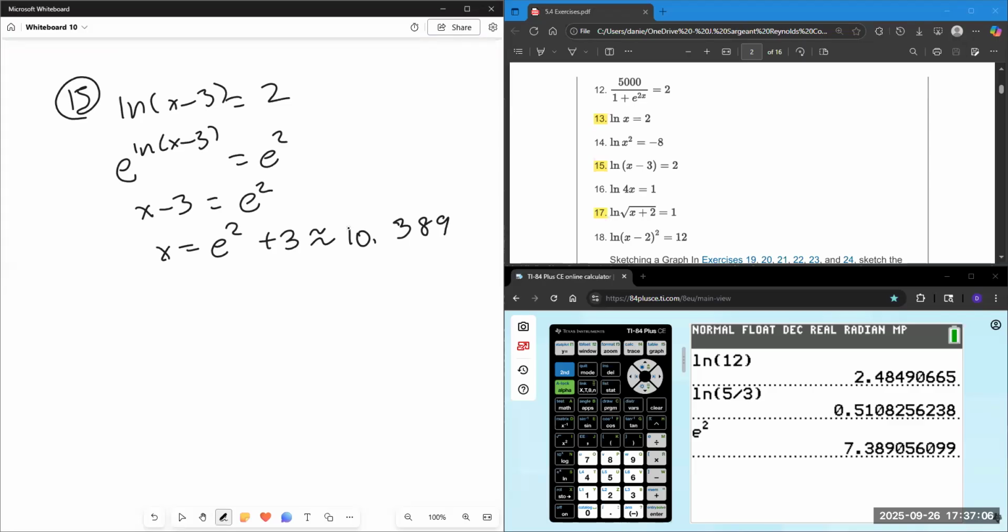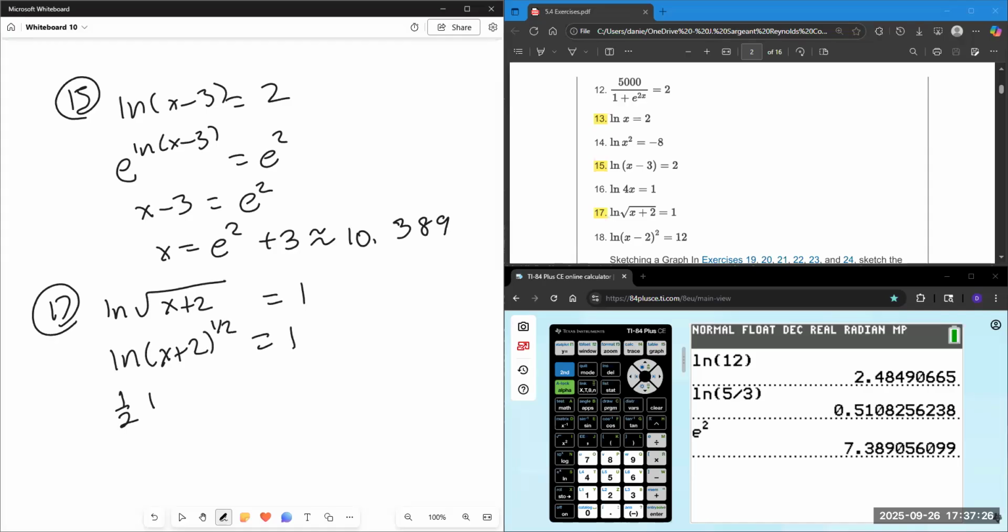And then number 17 is again going to be based off of number 13. So ln of root x plus 2 is equal to 1. So this is really x plus 2 raised to the 1/2 power. And that 1/2 can come in front of the log through log properties.